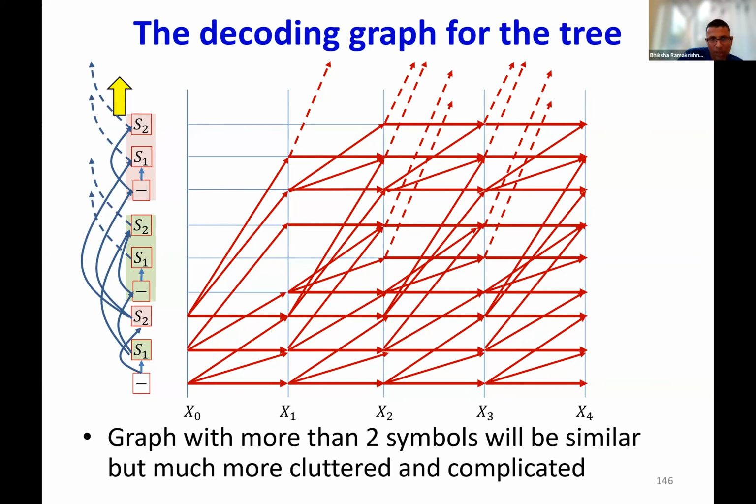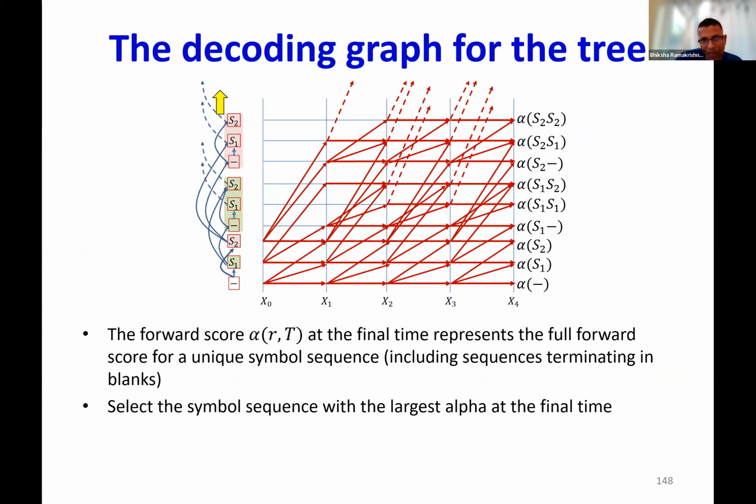Okay, so we're going to take advantage of that, right? If I stop at any time, each row represents a different symbol sequence where I've explicitly also shown the invisible blanks. This one is simply the symbol blank. This row is just S1. This row is just S2.